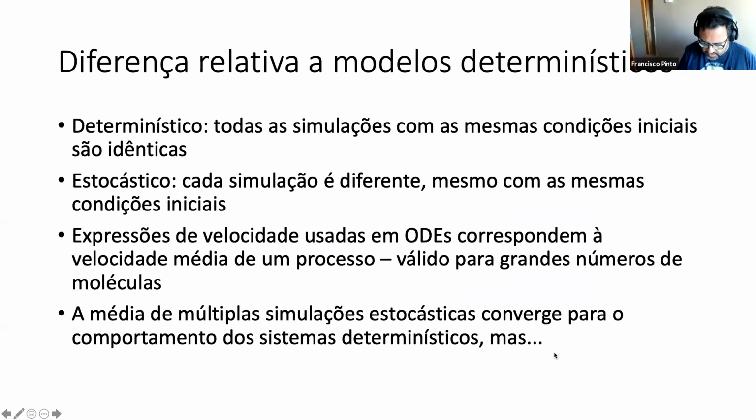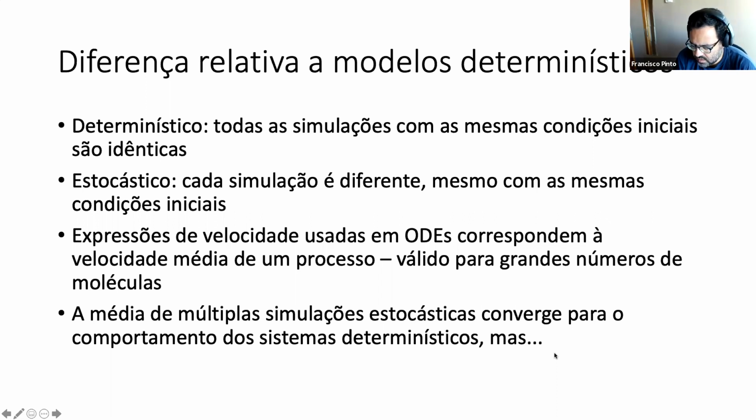The deterministic system defined by differential equations works because it assumes that the rate expressions are valid if we are considering a large number of molecules in a well-mixed environment.